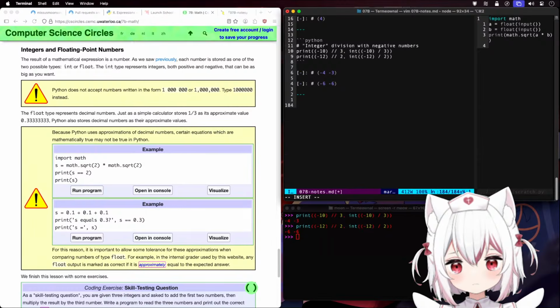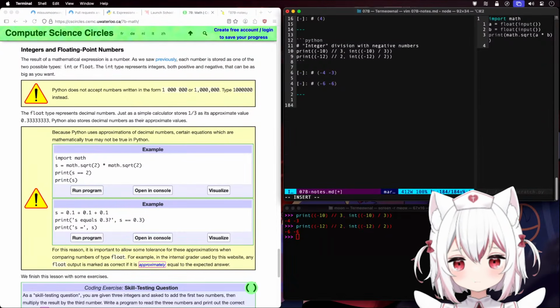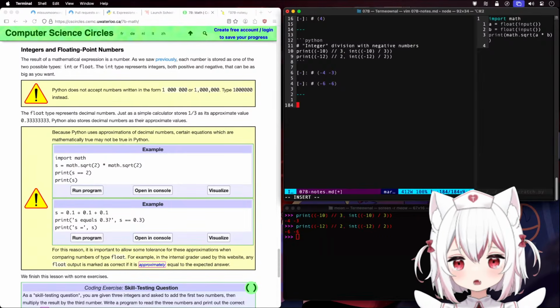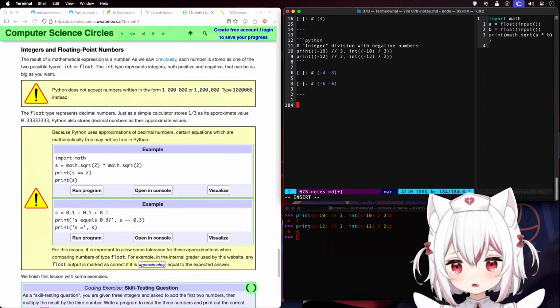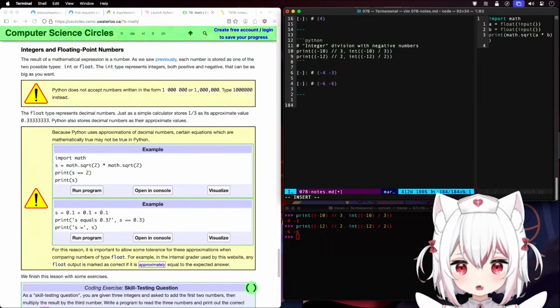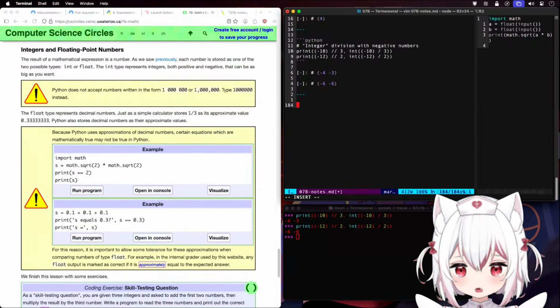Integers and floating points. The result of a mathematical expression is a number. As we saw previously, each number is stored as one of two possible types, int or float. The int type represents integers, both positive and negative, that could be as big as you want. Python does not accept numbers written in the form of 1 000 000 or with commas, I guess, as delimiters.